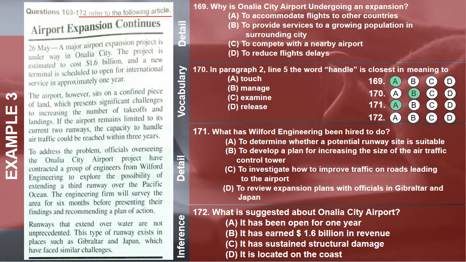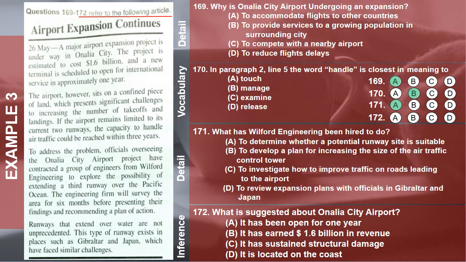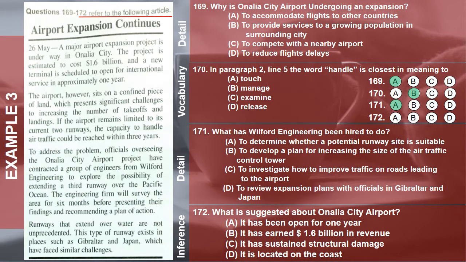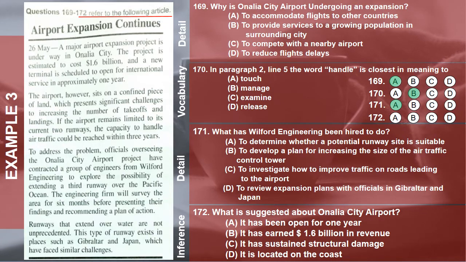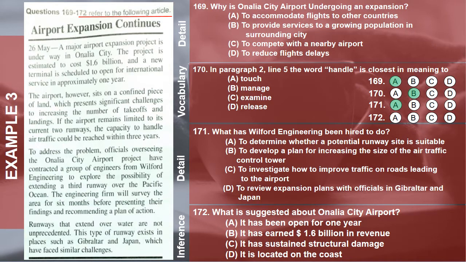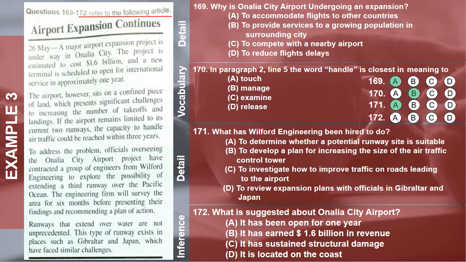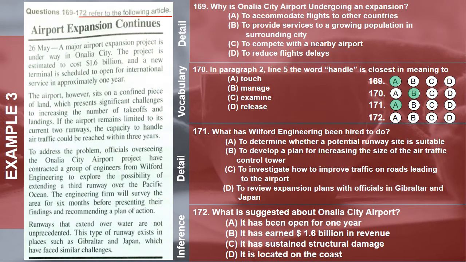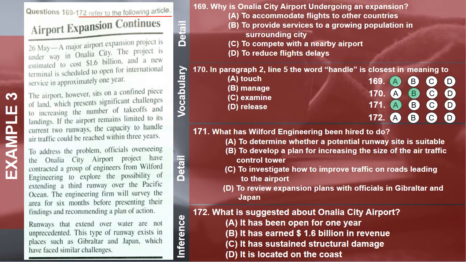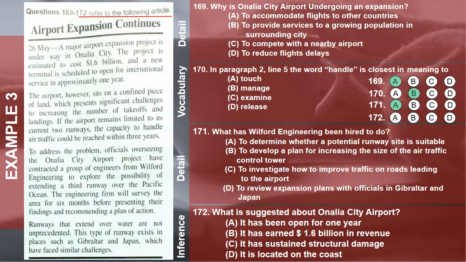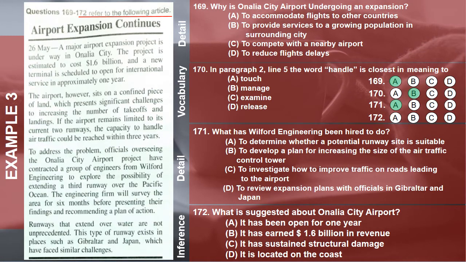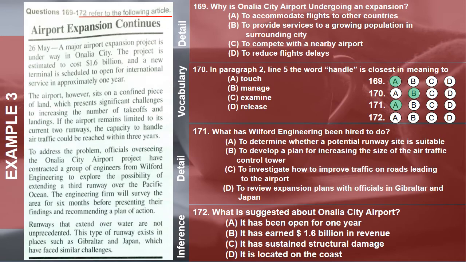So what is suggested about Honolulu City Airport? A, it has been open for 1 year. B, it has earned 1.6 billion in revenue. C, it has sustained structural damages. D, it's located on the coast. So they are planning to build a runway over the ocean. So it means it's near the coast. Coast is around the sea or ocean. So for question 172, the correct answer is D.